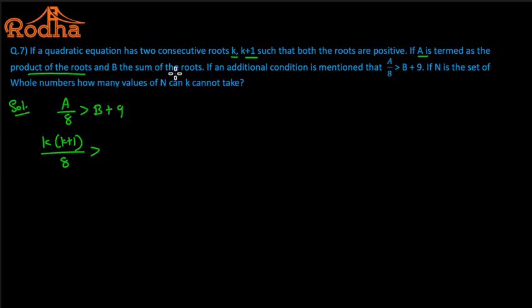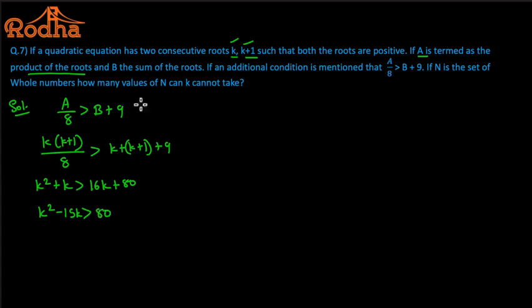What is B? B is the sum of roots, which is k plus k plus 1. So 2k plus 1 plus 9. So how much am I getting here? k square plus k is greater than 2k plus 10, multiply by 8, that is 16k plus 80. So k square minus 15k is greater than 80.